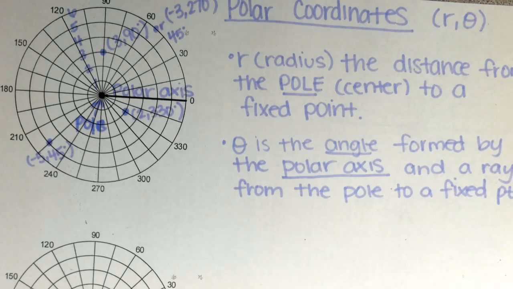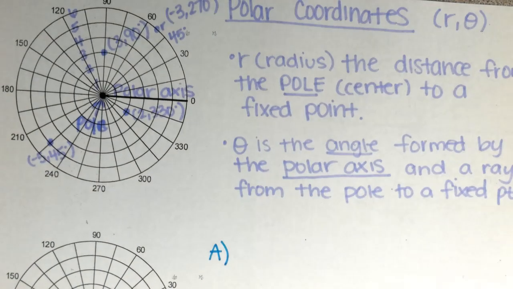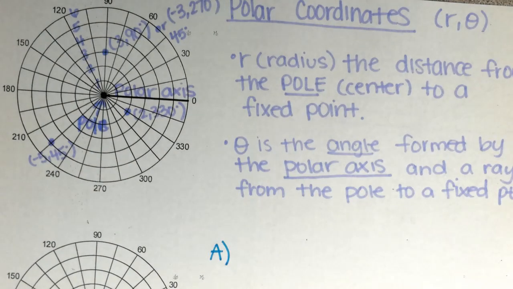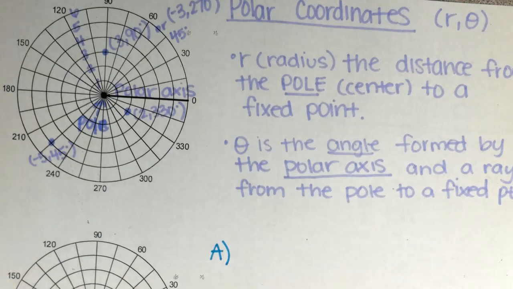Can I move on? Alright, so we're going to plot some points. I mentioned it just a second ago, but these points have infinitely many coordinate names or ways to write them. We're going to focus on 4 different ways. So the first way is just your normal way. R is positive and theta is on our unit circle.